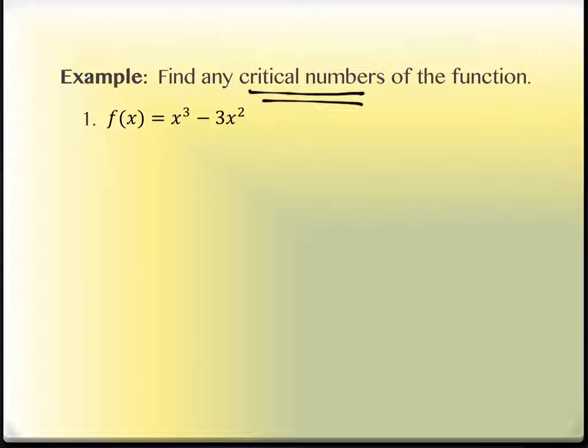Now this is a polynomial. It's not going to have any problems because it's a nice continuous function. We like polynomials, they're great. So we don't have to worry about the doesn't exist on this one. We're just going to find the derivative and find out where it's 0. What's the derivative of x cubed minus 3x squared? 3x squared minus 6x. Excellent.